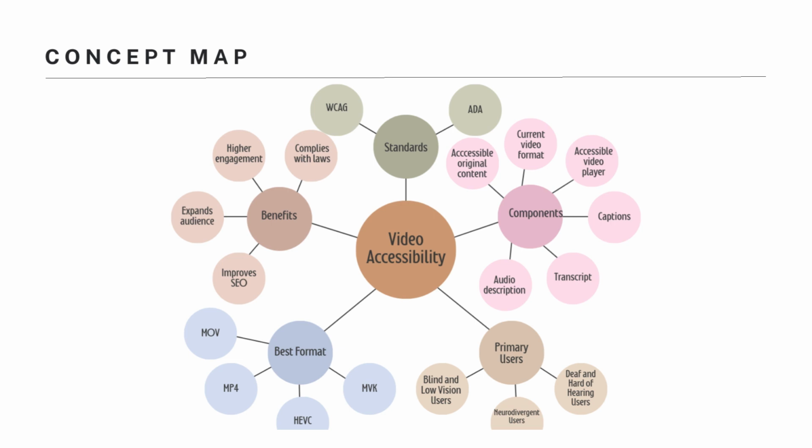Next, we'll discuss the best format, which includes MOV, MP4, HEVC, and MKV. Finally, we'll talk about the benefits, which are that it complies with laws, higher engagement, expands audience, and improves SEO.